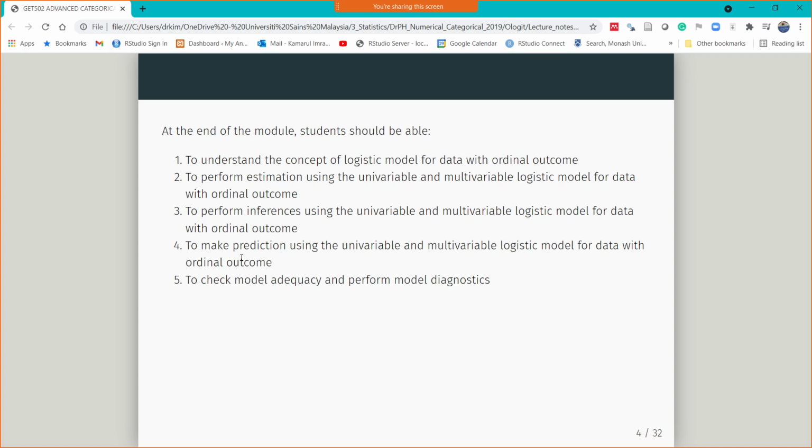Then to be able to make predictions for univariable and multivariable logistic regression for ordinal outcome data, and to check for model adequacy. This is a little bit challenging, to check the model adequacy in model diagnostics for ordinal outcome data. So I'm not sure whether we are going to go into detail or not.